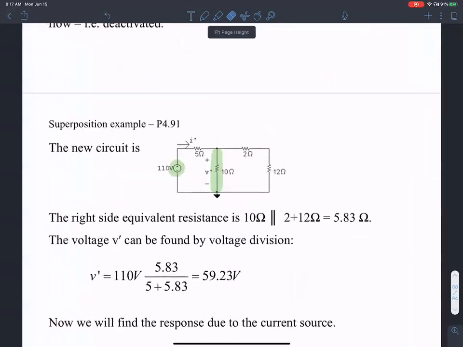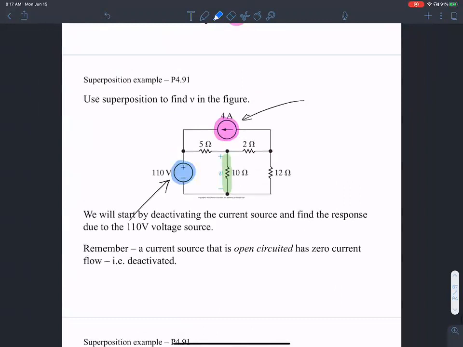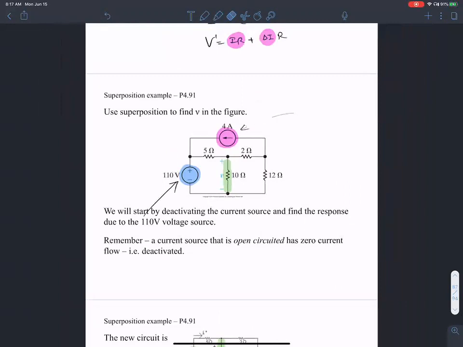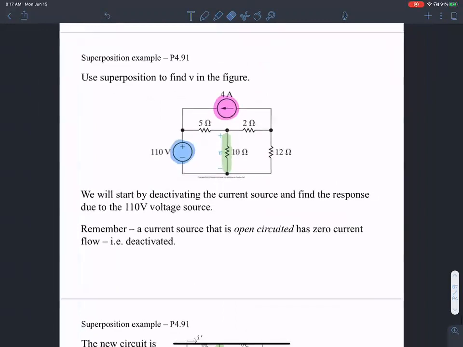We can separately, independently evaluate both of the inputs and their effects on the circuit and add their responses. Okay, so this is the idea of superposition.